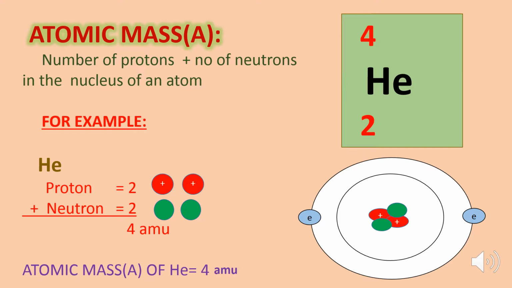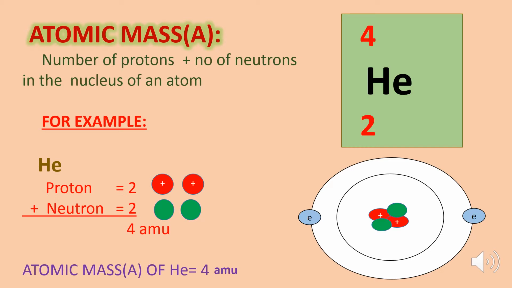As you can see here the atomic structure of the helium, we can easily calculate the number of the protons, which are shown by the red circles. So here the number of the protons is again 2, whereas the number of the neutrons that are shown by the green circles is 2 in number.